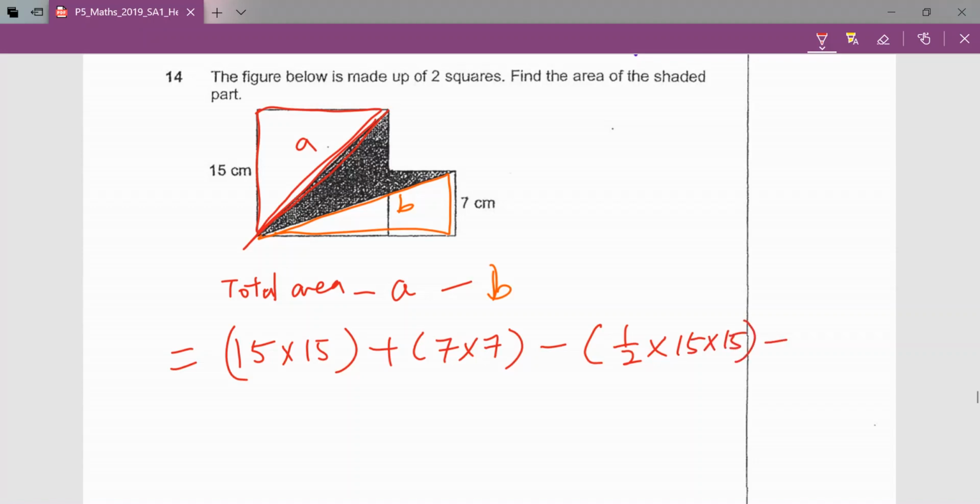Minus B. B is half times, the base here is 15 plus 7, so it is 22, times the height 7.